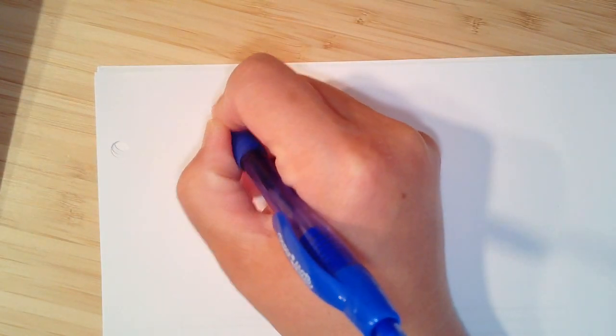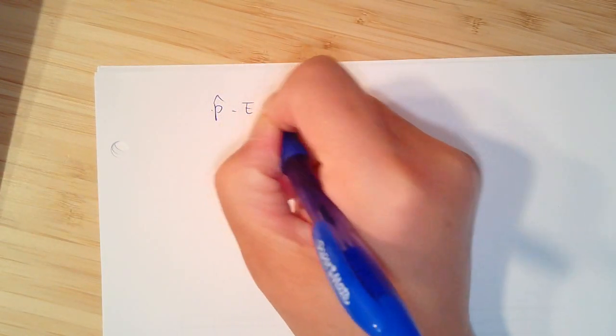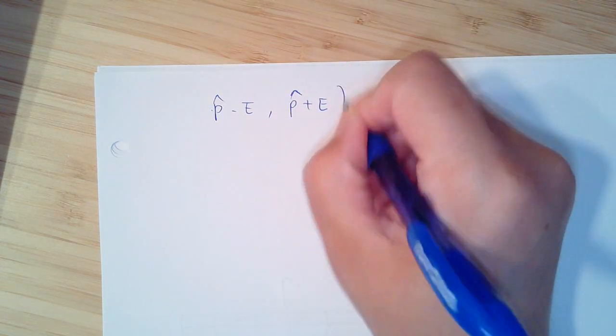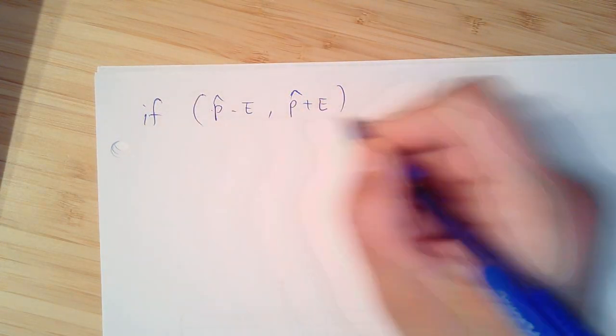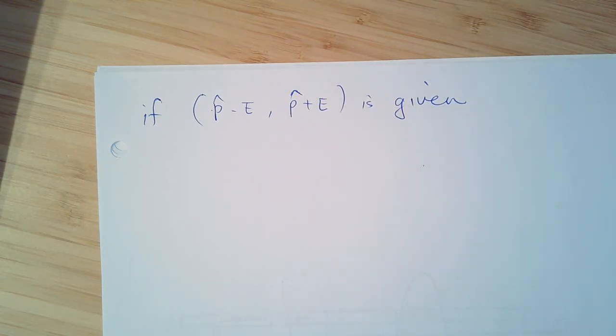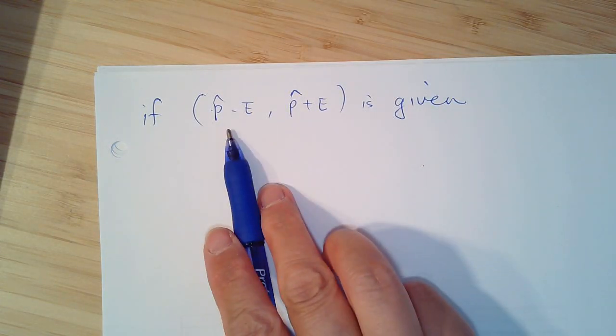Now, if I give you the confidence interval, the P hat minus E and the P hat plus E, can you find P hat and E?